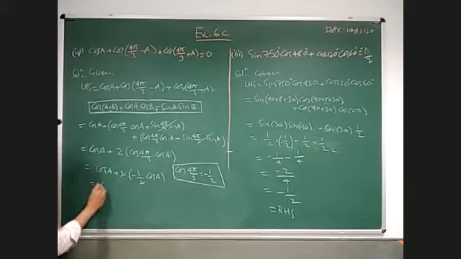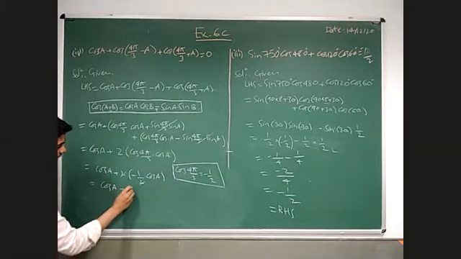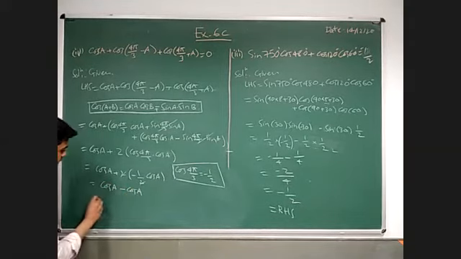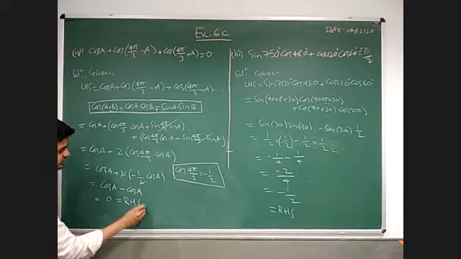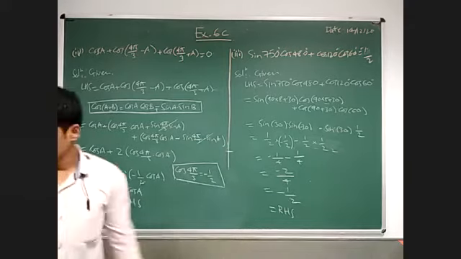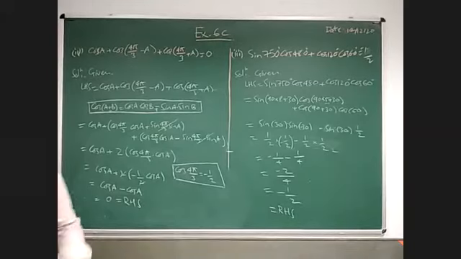So here we will have cos A minus cos A, so cos A plus cos A minus cos A will be 0. That is our right hand side. Just take the note or take the screenshot.